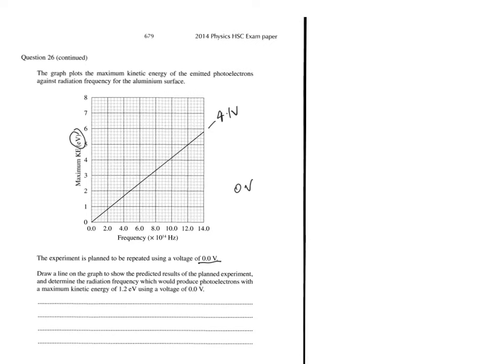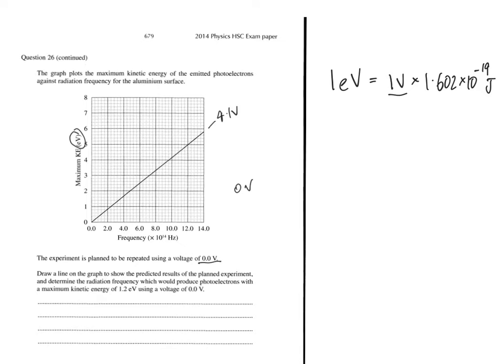Now 1 electron volt equals a volt times the charge of an electron, so it's 1.602 times 10 to the minus 19 joules. It's the energy lost by an electron as it passes a potential difference of 1 volt.